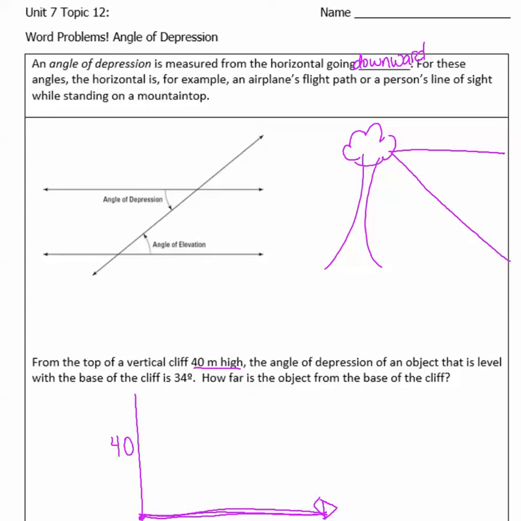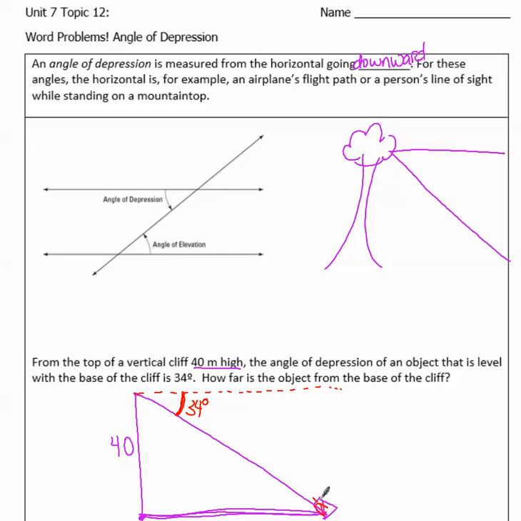What I'm talking about here is this angle. I'm going to draw the horizontal out, but the angle is 34 degrees. Not 43, 34. So this is 34 degrees.